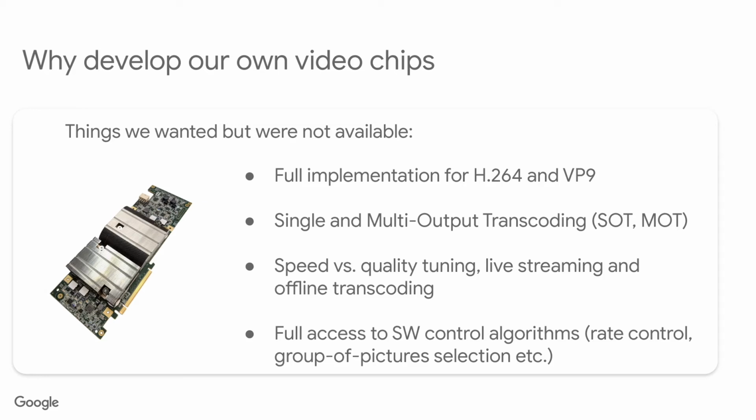We also wanted to be able to optimize the compression efficiency of the video encoder based on the real-time requirements and time available for each encode. And finally, we wanted to have full access to all quality control algorithms, such as bitrate allocation and group of pictures selection.